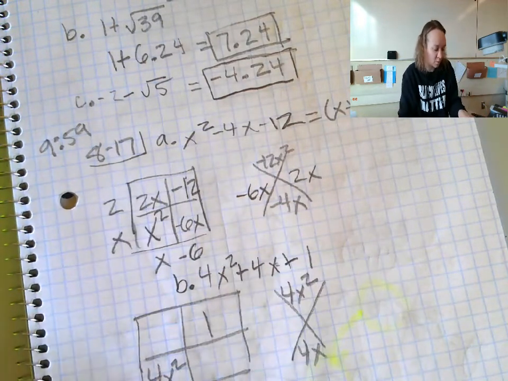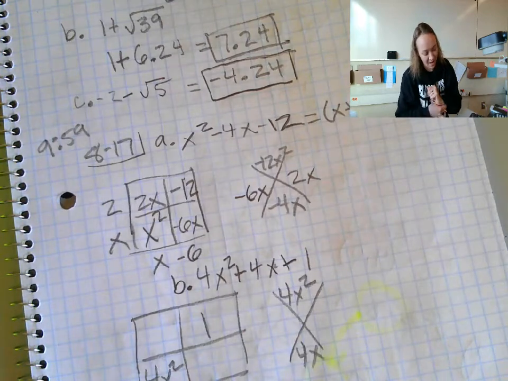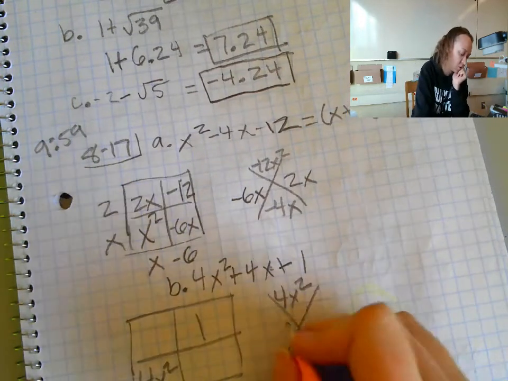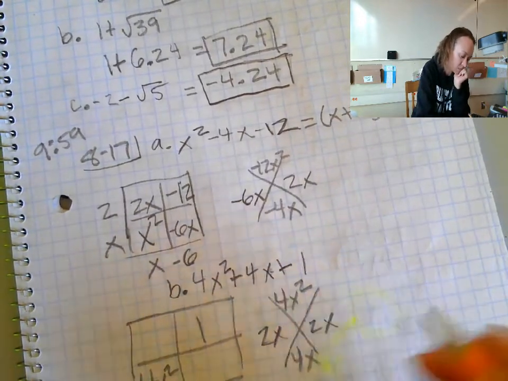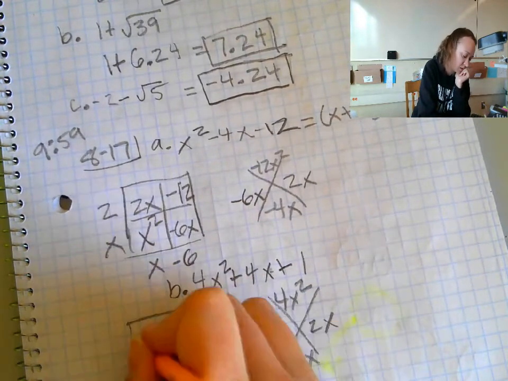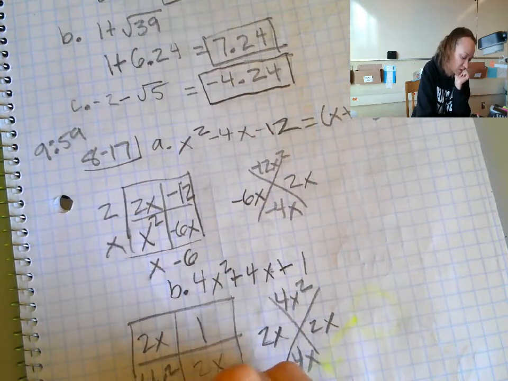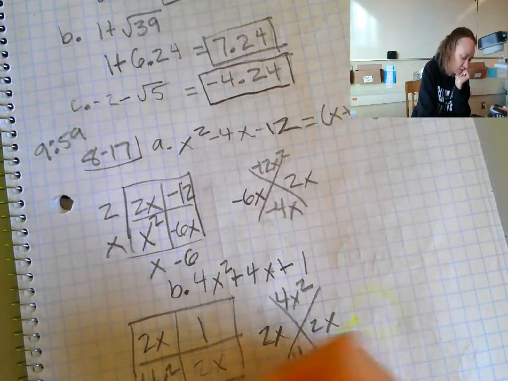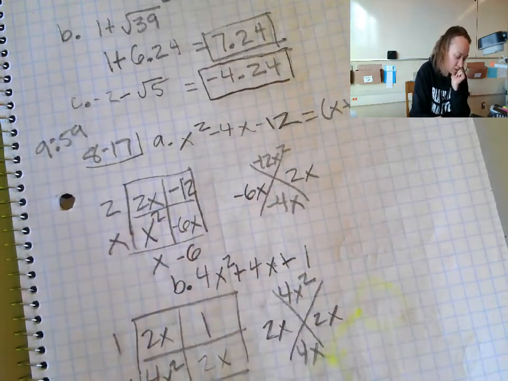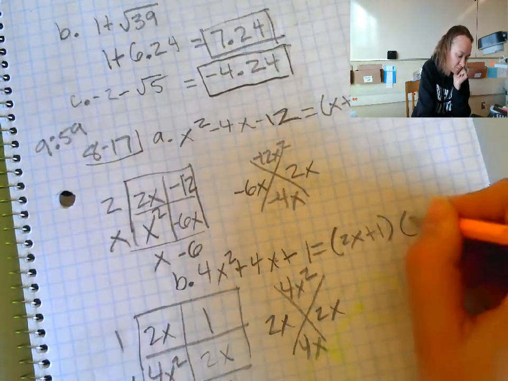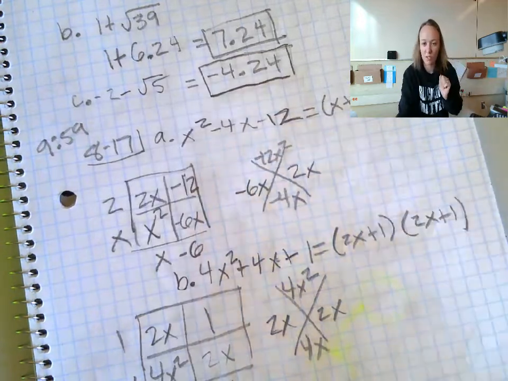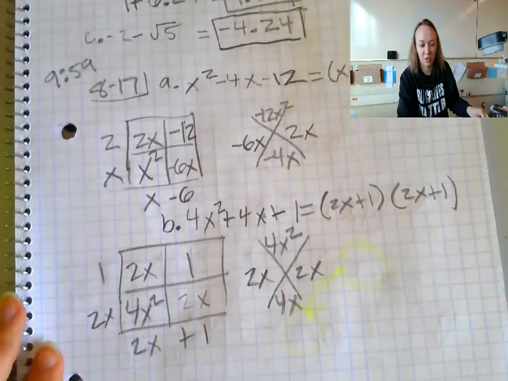So two numbers that multiply to 4x squared and add to 4x would be 2x and 2x. So that gives me 2x plus 1 and 2x plus 1. So 2x plus 1 times 2x plus 1. Oops. Sorry.